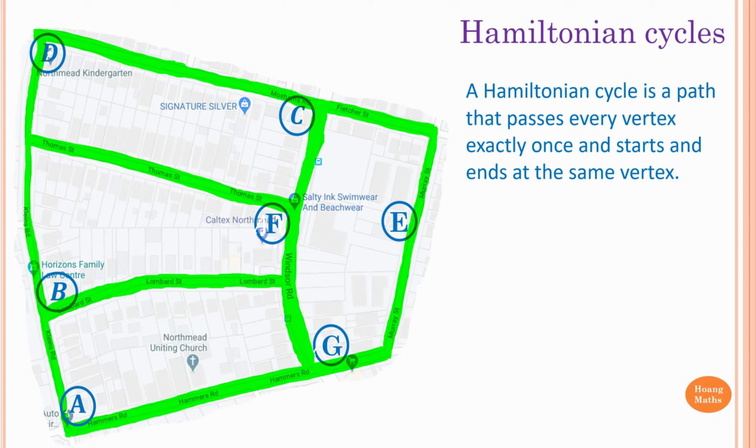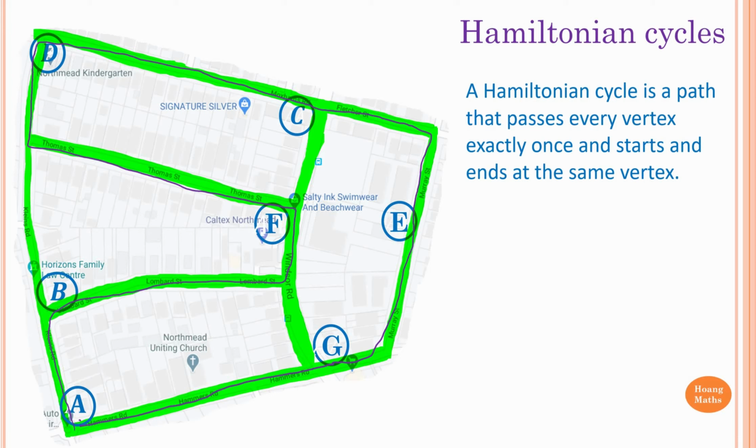A Hamiltonian cycle is a Hamiltonian path that will start and end at the same vertex. So it's exactly the same as Hamiltonian paths, except we start and end at the same place. So let's start from my house. I'm going to visit B, go along here, and then visit F, and along, and I'm going to visit D, and followed by C, and I go along the street, and then I visit E, and visit G. And then I go back to my house.